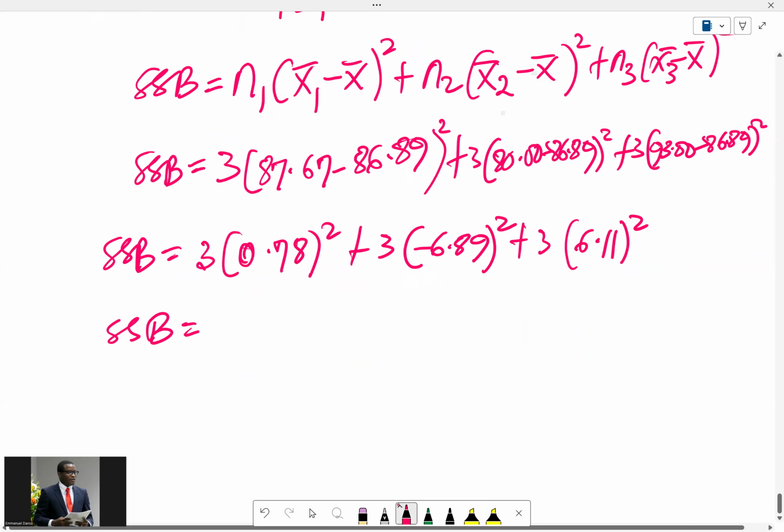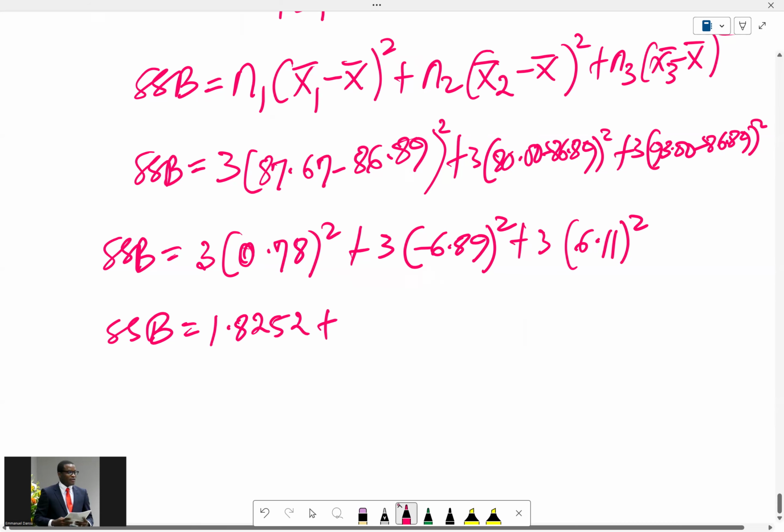Let's do everything together. We have 3 times 0.78 all squared. That is 1.8252.